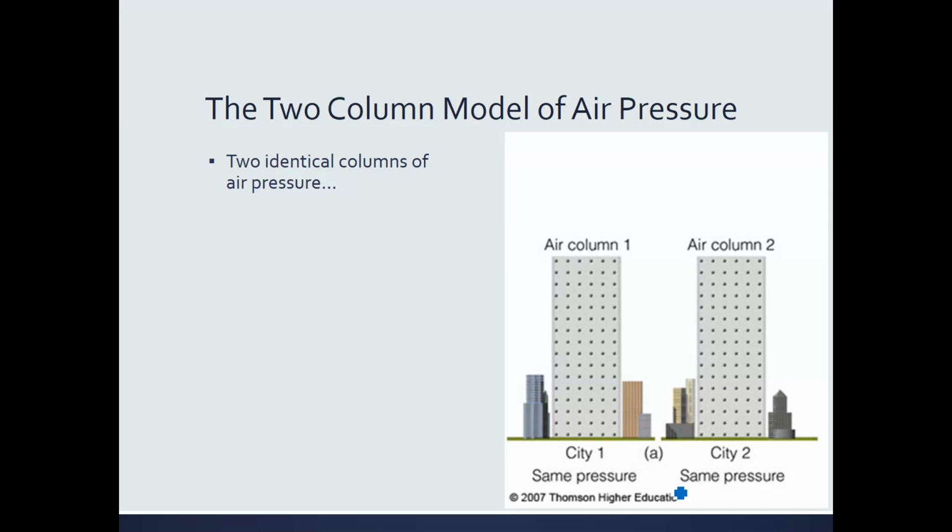Let's suppose we have two columns of air, and each one of them is identical. They have the same width, the same surface temperature, the same height, the same number of dots in them. Everything about them is the same. One of them is located over city 1, the other over city 2.